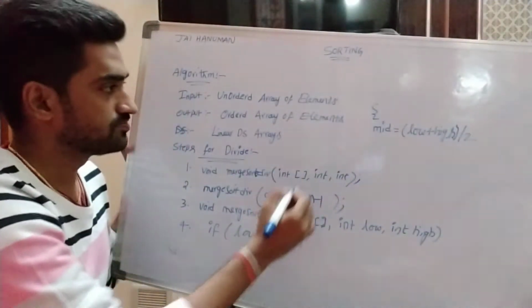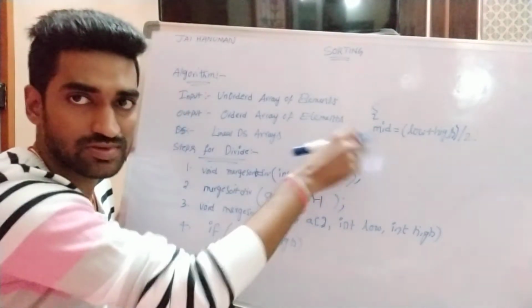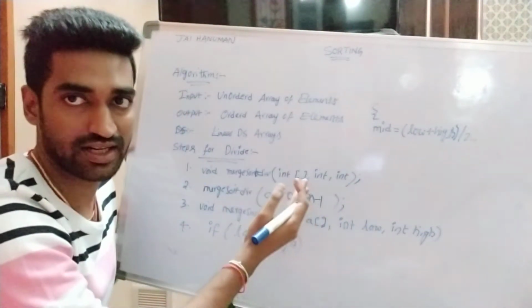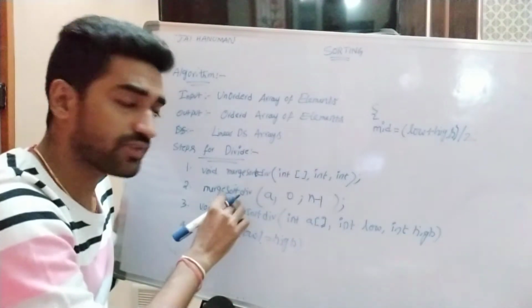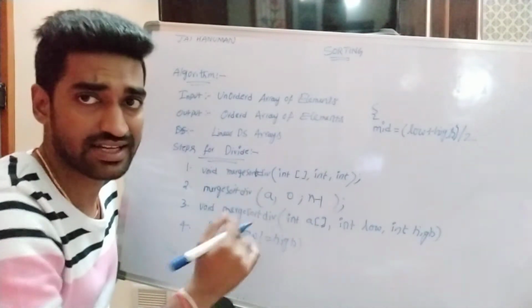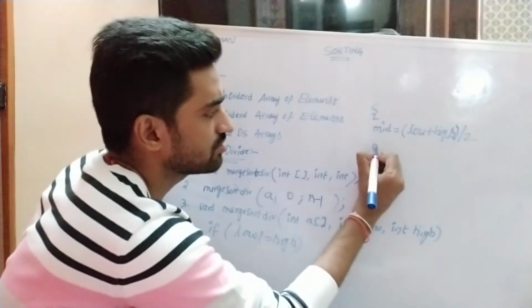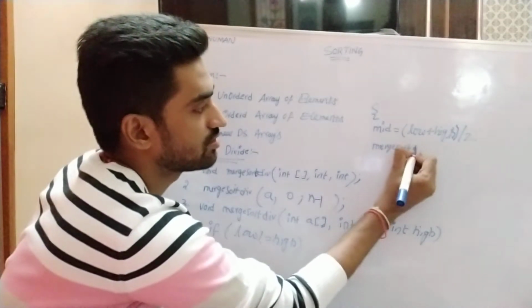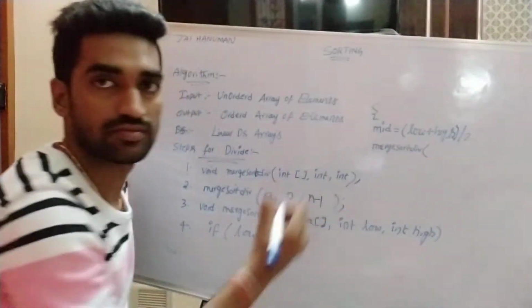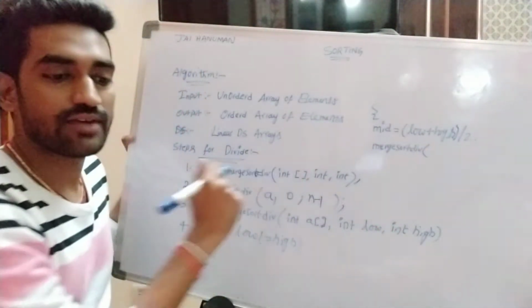Then the entire array can be divided into two subarrays, left subarray and right subarray, right? Again we are calling the function for the left subarray as well as the right subarray. So for that purpose, here I am calling mergesort division. So this is the function call for the left subarray, right?